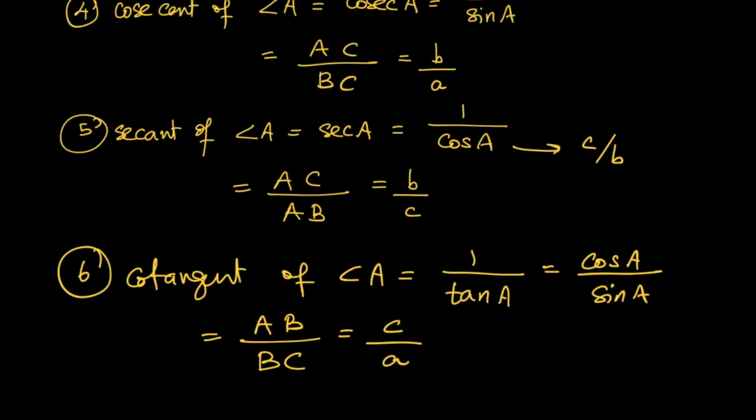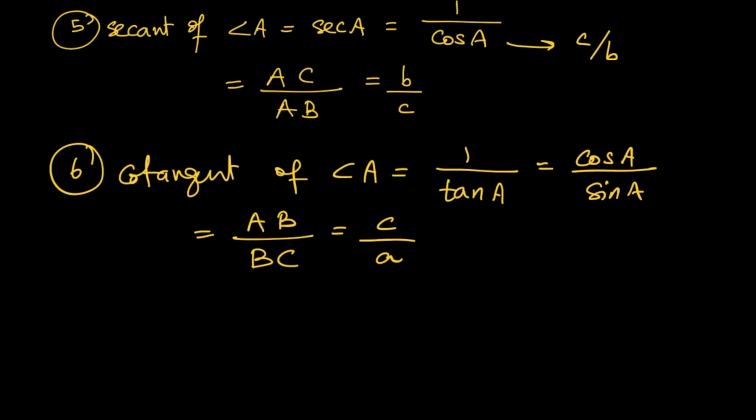So these are the 6 trigonometric ratios that you need to remember. These trigonometric ratios of an acute angle in a right angle triangle express the relationship between angles and the ratio of the sides.